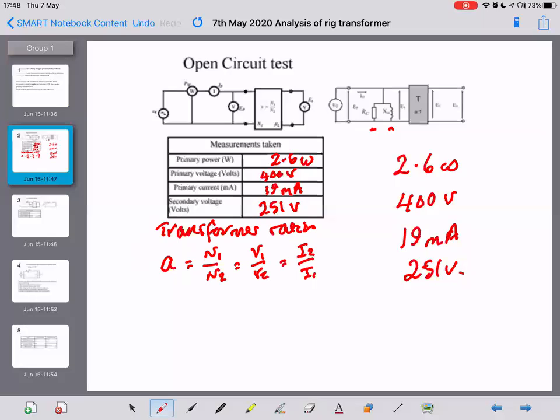Any one of them will give you the transformer ratio. So in this case, we can do A is equal to V1 over V2.